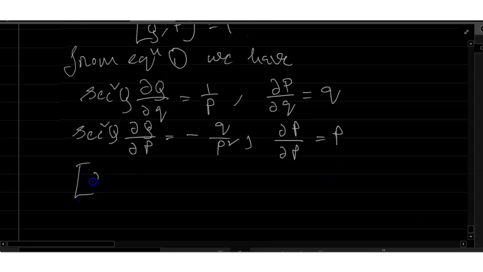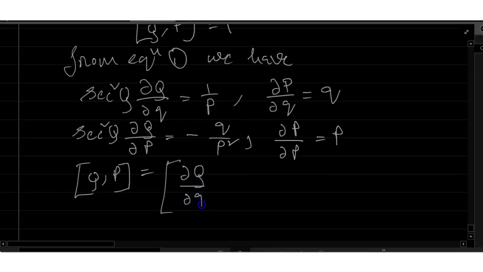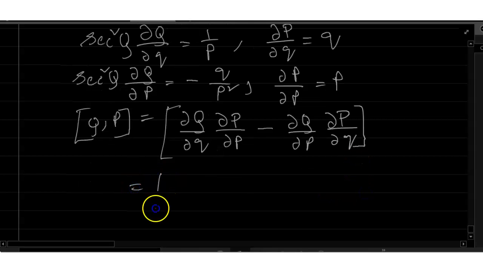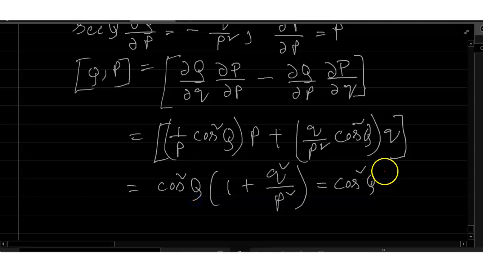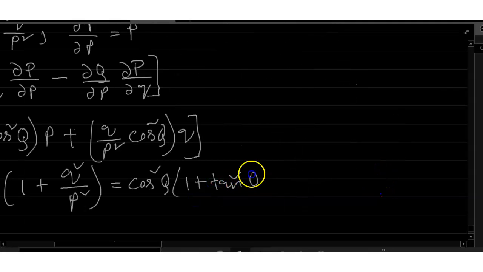We have to see [Q, P], the sum of ∂Q/∂q ∂P/∂p minus ∂Q/∂p ∂P/∂q, equal to 1 by p cos squared q times p plus q by p squared times q, that is cos squared q equals 1, because this portion is sec squared q.